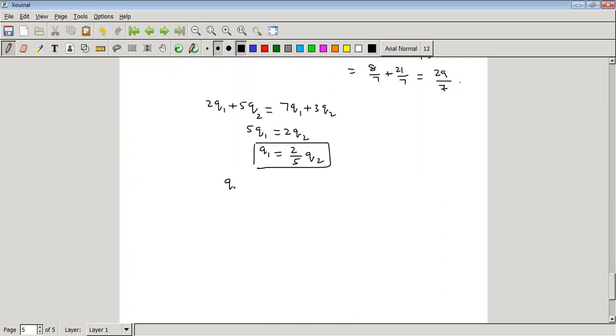And we know that Q1 plus Q2 is also equal to 1. So this implies 2 by 5 Q2 plus Q2 equal to 1. This implies 7Q2 is equal to 5. This implies Q2 equal to 5 by 7. So we get Q1 equal to 2 by 7.